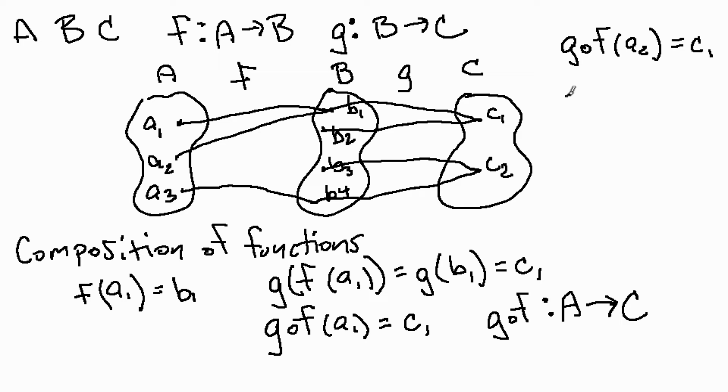And I could talk about g of f of a3, and a3 takes us over to b4. Okay, that's what f does. Then g takes it over to c2. Okay, composition of functions.